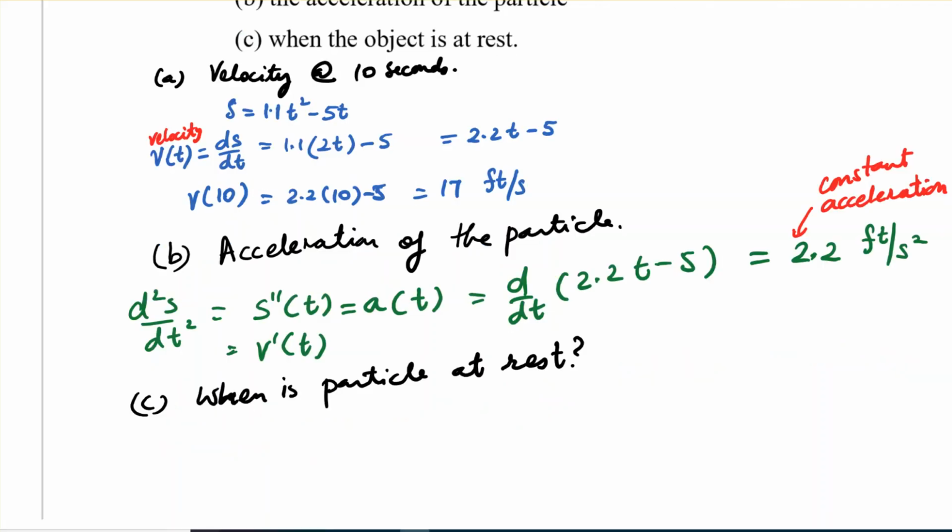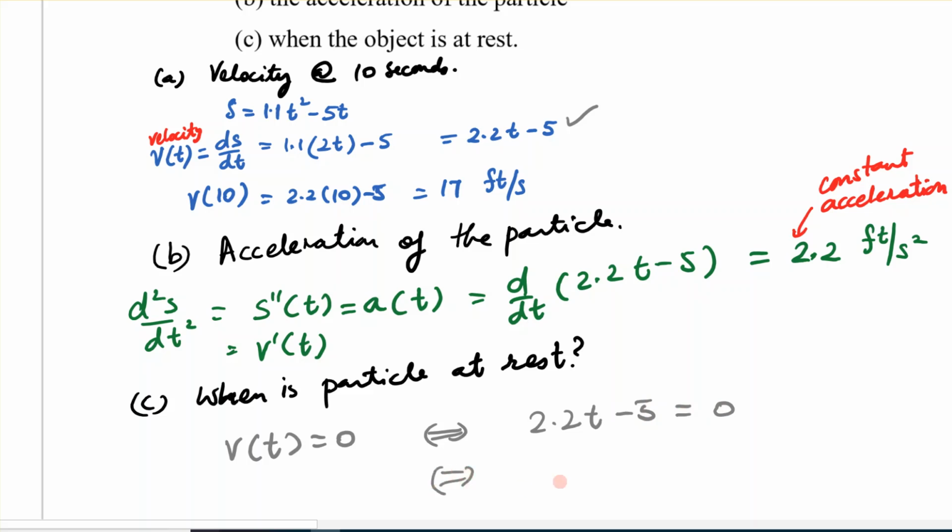So next we're going to find when the particle, or the object, is at rest. So the object would be at rest when our velocity is 0. So for that we solve v(t) equal to 0. So this implies our v(t) function, 2.2t minus 5, equals 0.